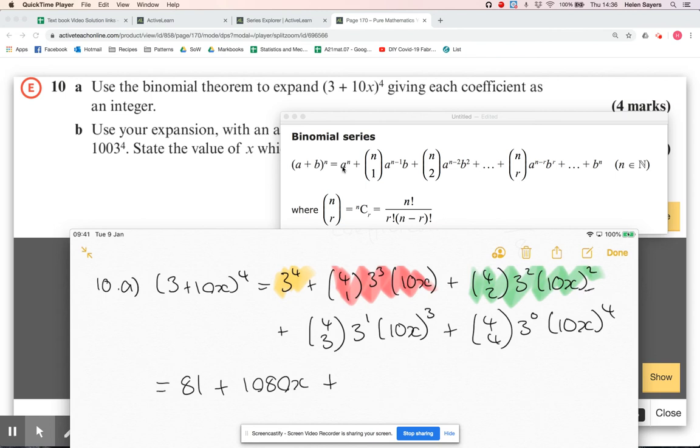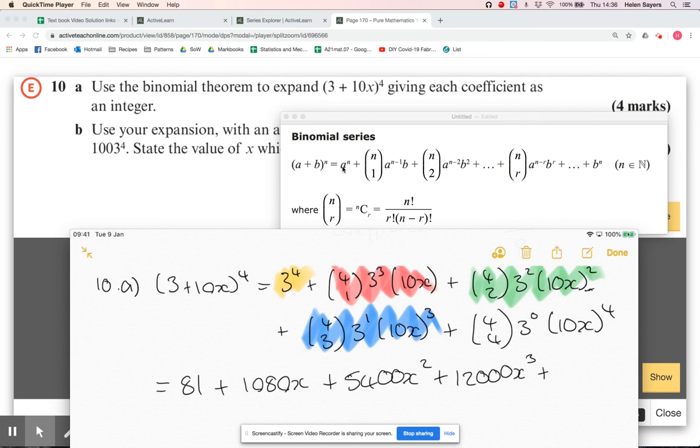And those brackets are essential there. So I get that's 5,400 x squared. My x cubed term, so now I'm looking there. So that's going to be 4 choose 3, which is just 4, times 3 to the power of 1, which is just 3, times 10 cubed. So I get that as 12,000 x cubed.